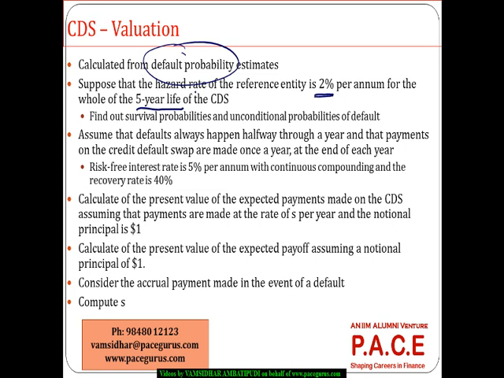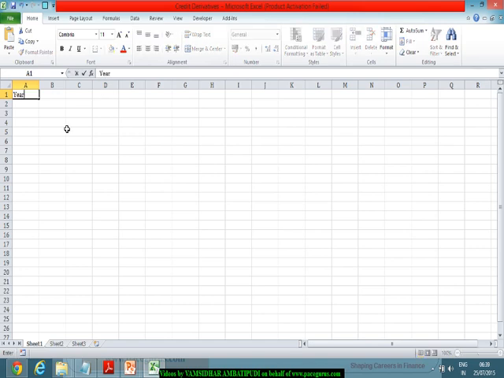Let me call these years 1, 2, 3, 4, 5. Then the hazard rate is 2% per annum for each of the years.